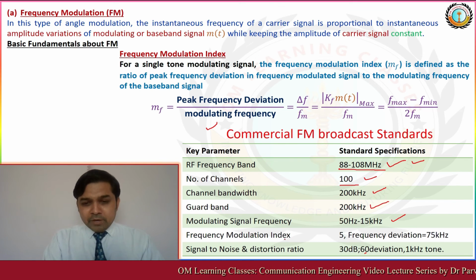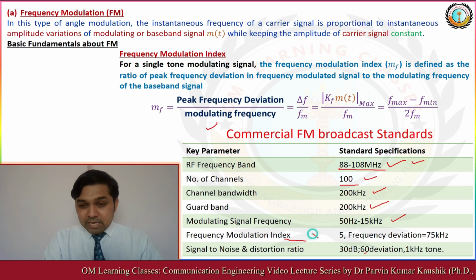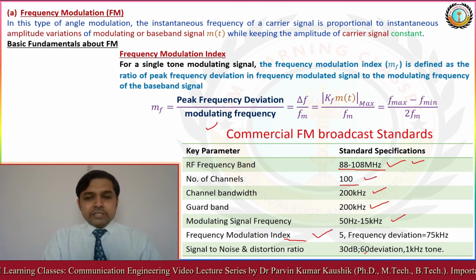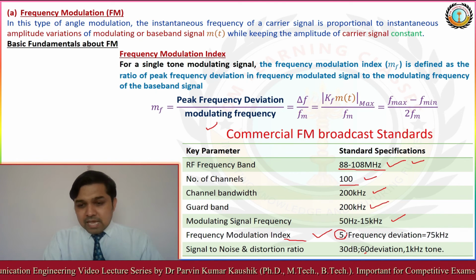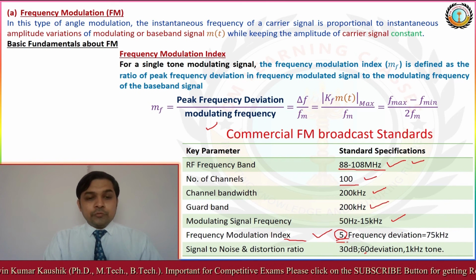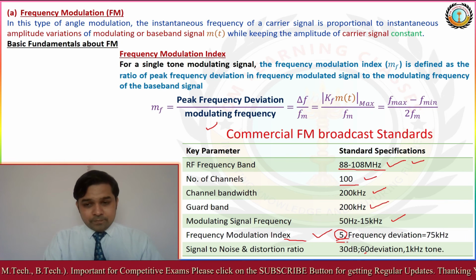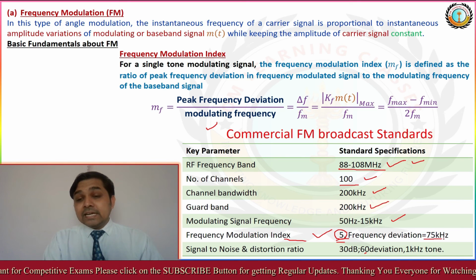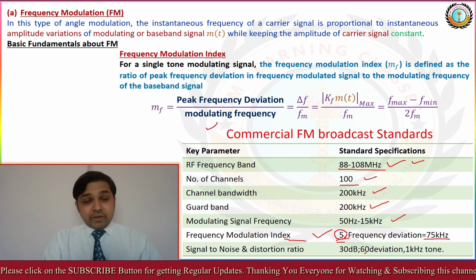A very important point for this example is that the frequency modulation index mf is fixed at 5 for this spectrum, considering a frequency deviation of 75 kilohertz.